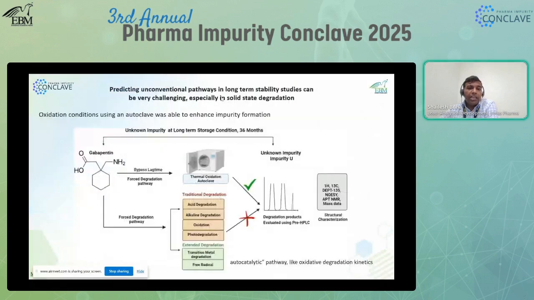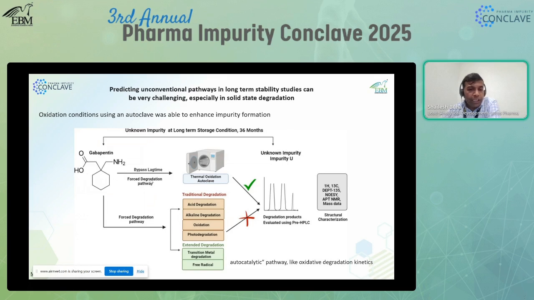Predicting unconventional pathways is sometimes very difficult. Many pharmaceutical molecules have unconventional pathways that occur in long-term stability studies, and it is very challenging for us. Here, in oxidation conditions, using an autoclave was able to enhance impurity formation. This is the structure of gabapentin.